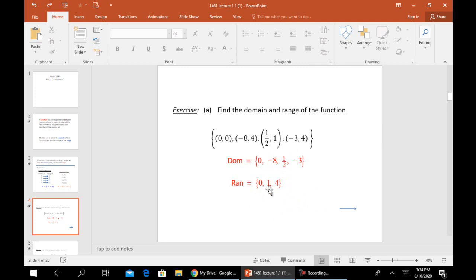Now this is a function because every domain element is assigned exactly one range element. So notice that none of the domain elements appear twice.